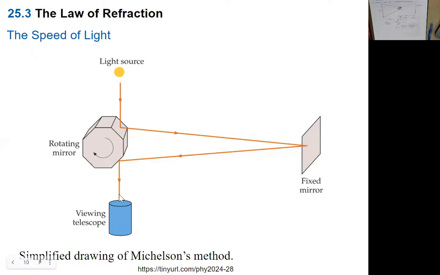In order to see the light coming out from the light source, you have to rotate this mirror at a certain frequency, so that the light that comes through here will hit this and get reflected back. Otherwise, if it's at a different angle, then it will not reach the detector. So you can tune the frequency, monitor the time it takes, and since you know the distance the light has to travel, you can calculate the speed.